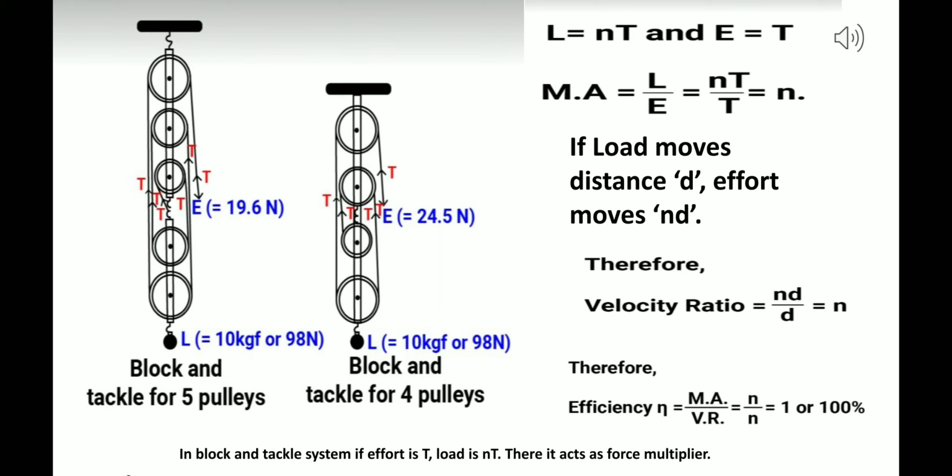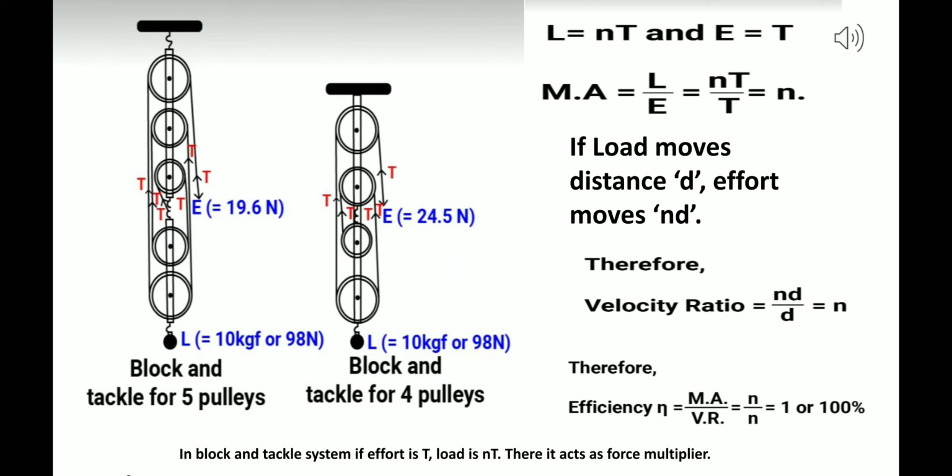Now, velocity ratio, that means distance moved by effort to distance moved by load. Now, if the load moves a distance D up, then what is the distance moved by effort? N times D. So if the load is moving x distance, the effort will move x times as many as the number of pulleys: 5x in the first case and 4x in the second case.